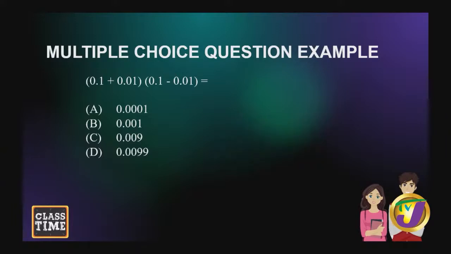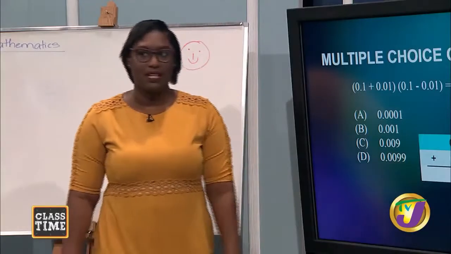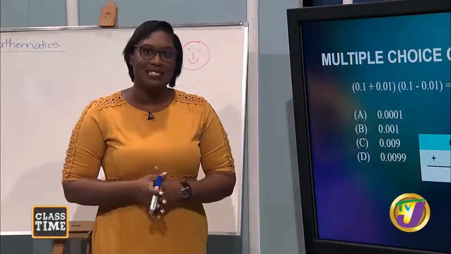So guys, we have it set up for you. Place value is important. As you can see, our wholes are in our ones place, other digits are in the tenths place, and we have one digit in the hundredths place. So it's important that we maintain that integrity.